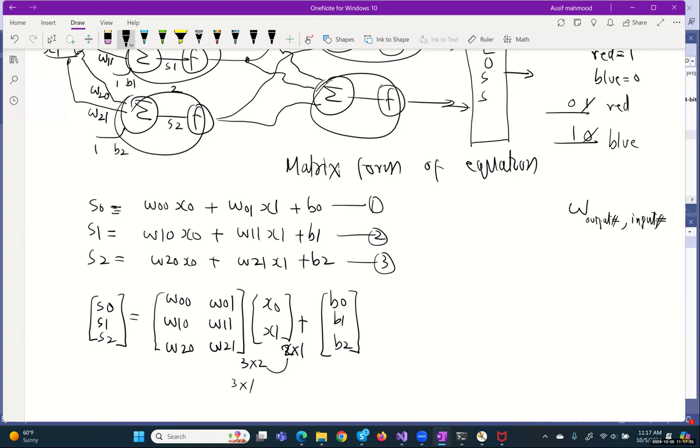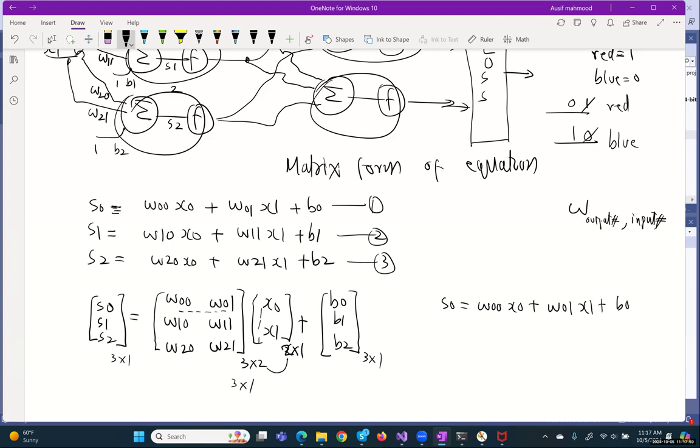It will be 3 by 1. So then we can add it with 3 by 1. So you can see the answer will be 3 by 1, and you can see the left is 3 by 1, right? And the way matrix multiplication works is row gets multiplied by the column. So you can verify that from this matrix equation, S0 is exactly W00 X0 plus W01 X1 plus B0 over here, which is same as equation 1, right?